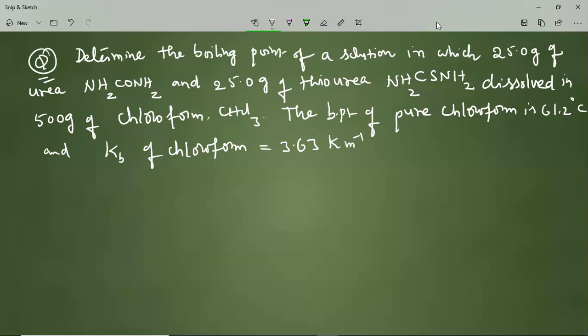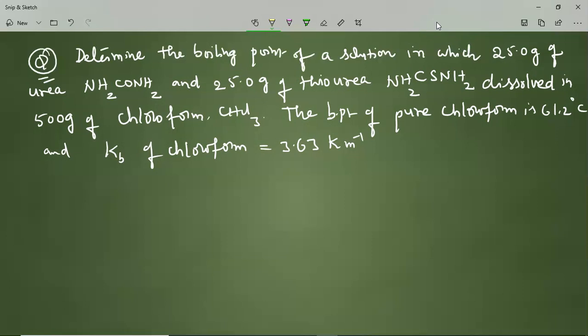Okay, so this is the question they have given. In this question, they have given two solutes, urea 25 grams and thiourea 25 grams. Here we have to find the total number of moles of urea and thiourea as the number of moles of solute in the solution.